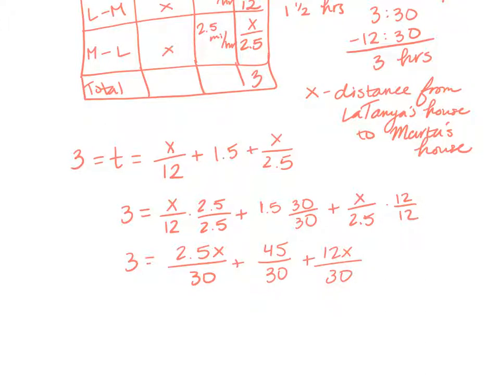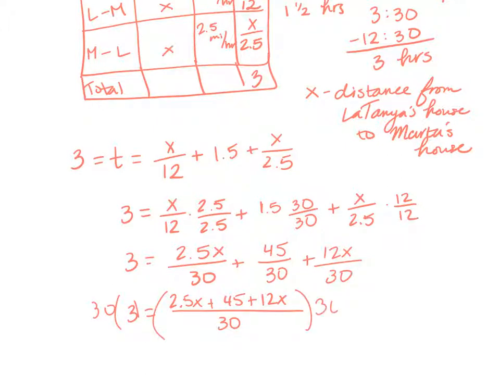Then I'm going to simplify again by combining like terms. This ends up being 2.5x plus 45 plus 12x over 30. I want to get rid of this denominator, so I'm going to multiply both sides by 30 to cancel out the 30 in the denominator on the right. Then I end up with 90 equals 2.5x plus 45 plus 12x.